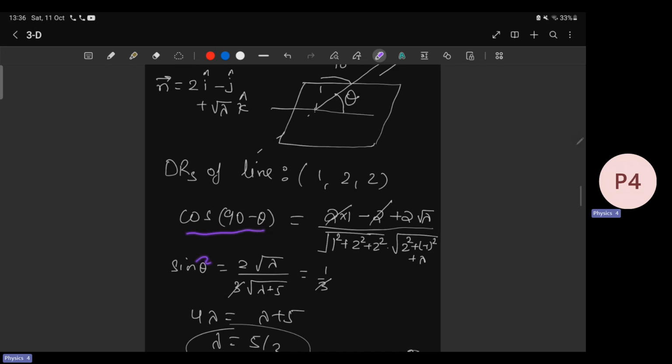Cos (90 minus theta) is sine theta, which is given to us as 1 by 3, and this equals 2 root lambda upon 3 times root lambda plus 5.